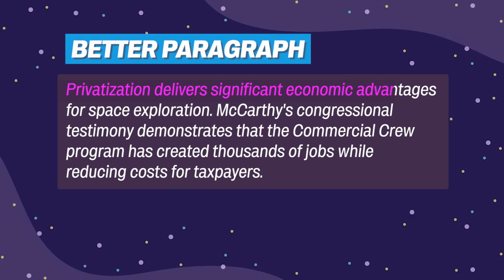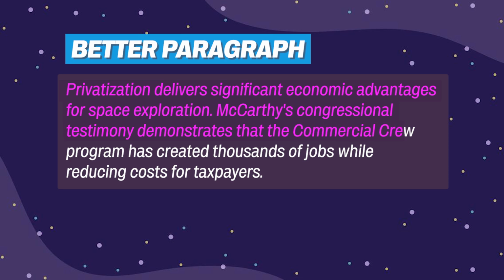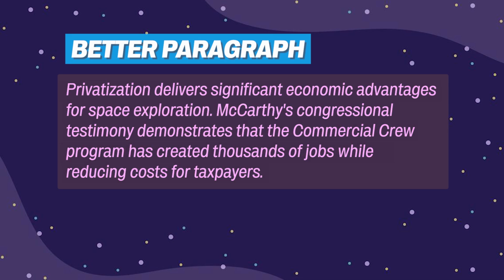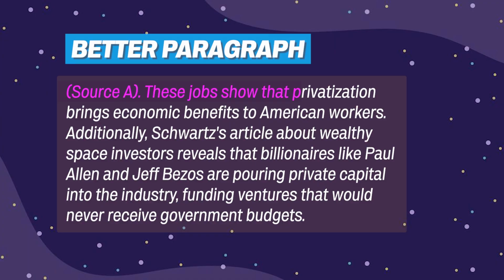Now, let's look at a better paragraph. This paragraph is better because it has correct grouping and some basic commentary. Privatization delivers significant economic advantages for space exploration. McCarthy's congressional testimony demonstrates that the Commercial Crew program has created thousands of jobs while reducing costs for taxpayers. Source A. These jobs show that privatization brings economic benefits to American workers.